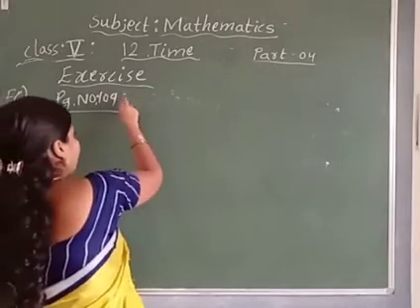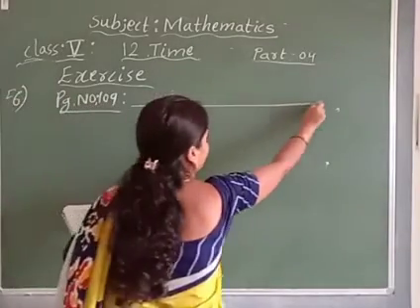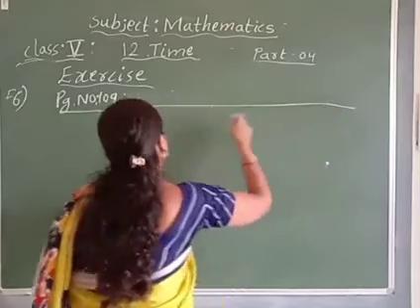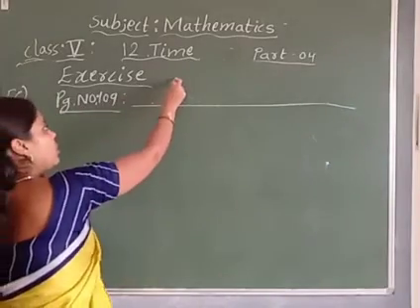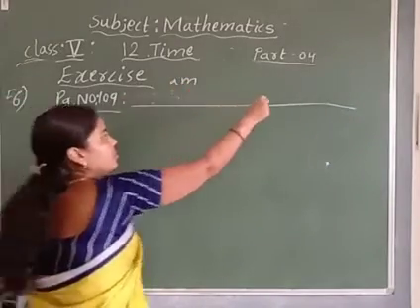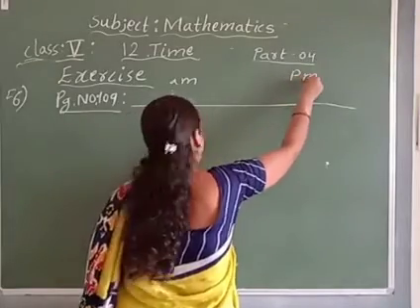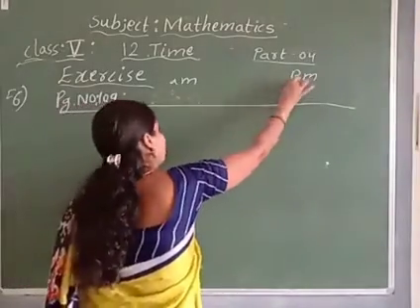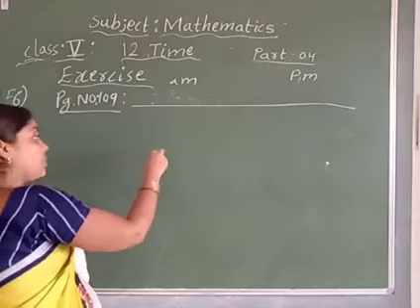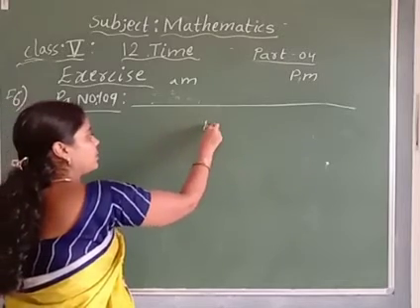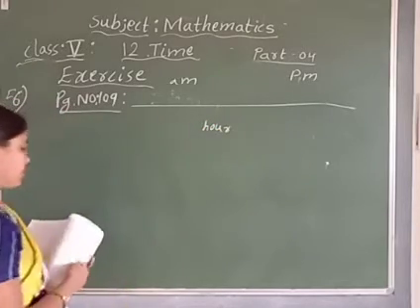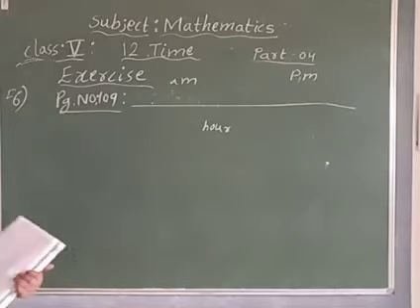So I will show you this answer. Outside, AM and PM is the 12-hour clock, and this is the 24-hour clock.